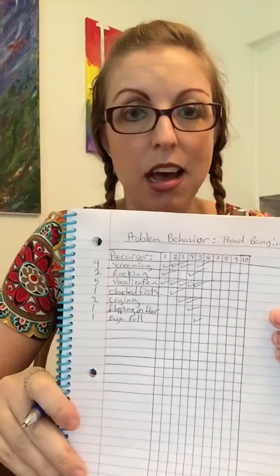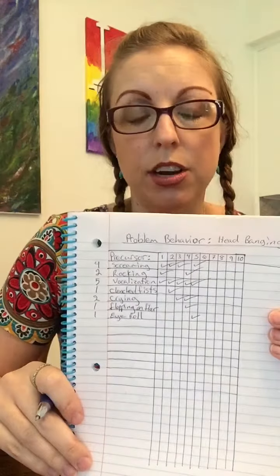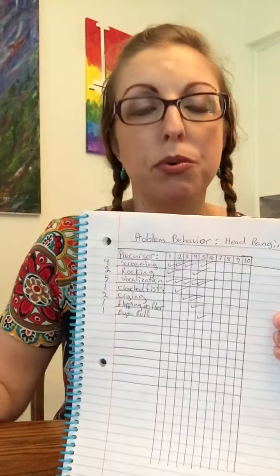For vocalizations, I have 5. Clenched fists, I see 1. Crying, there's 2. Flopping on the floor, there's 1. Eye roll, there's 1. So here's just an idea of how you can gather the data for what's happening prior to that more severe behavior.